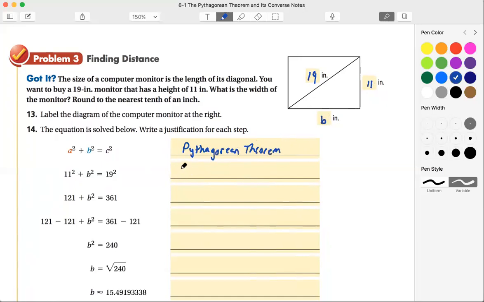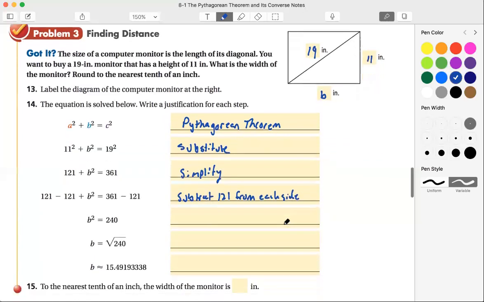All right, we're going to substitute in the values from the problem. We're going to simplify the squares. We're going to subtract 121 from both sides. We're going to simplify.